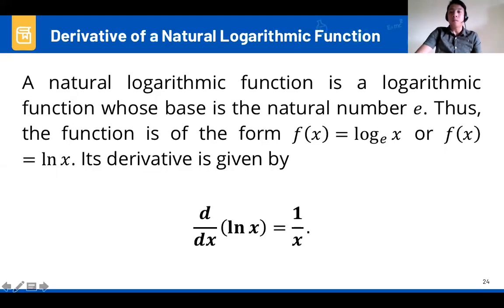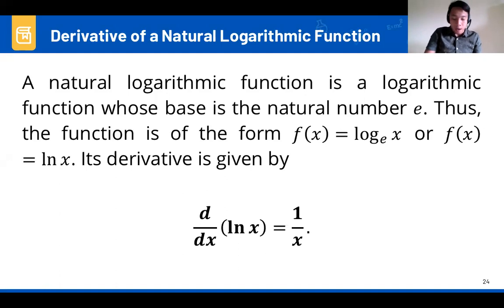So we also have here the natural and the general. We have the natural logarithmic function. It also involves the natural e number. As you can see here, we have two forms of this natural logarithmic function.